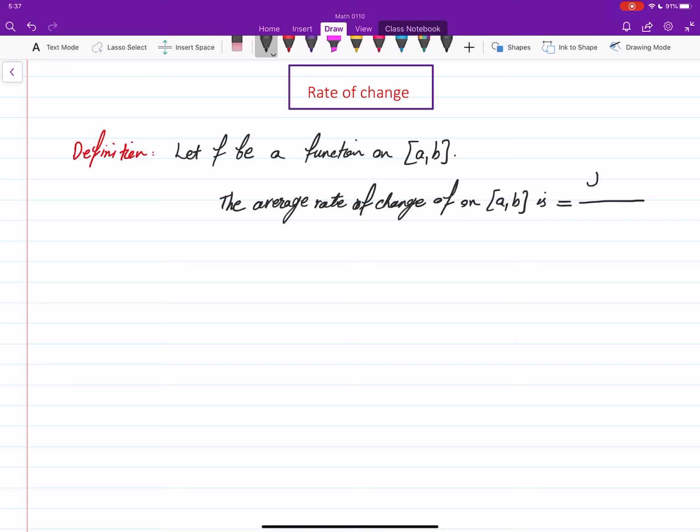You just find f of b minus f of a, end point minus starting point, divided by b minus a. That is the formula you need to know for a rate of change.